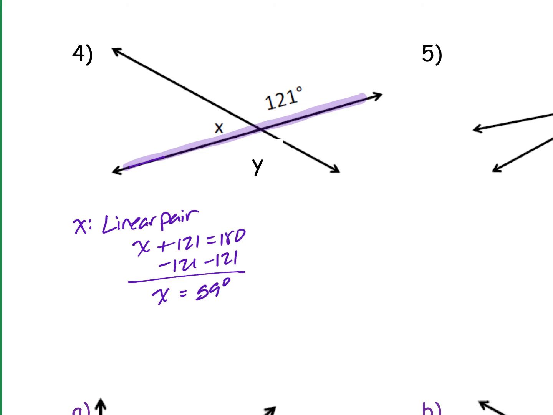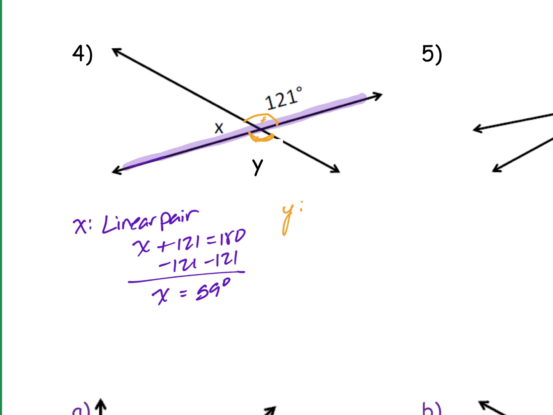So now let's look at Y. What is Y? Look, I have Y is here, right? So I know I have that. What type of angle is that? Complementary means they add to 90. Do those 2 angles add to 90? No. So what is it? Supplementary. Do those add to 180? This angle and this angle, the 2 that I've marked in?